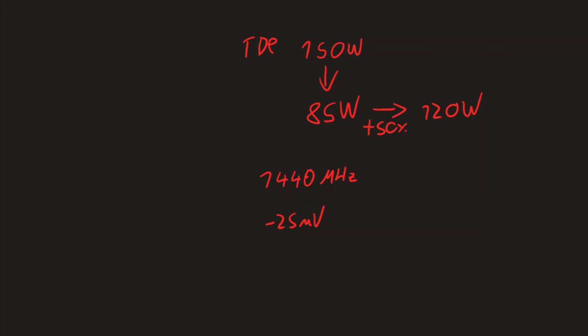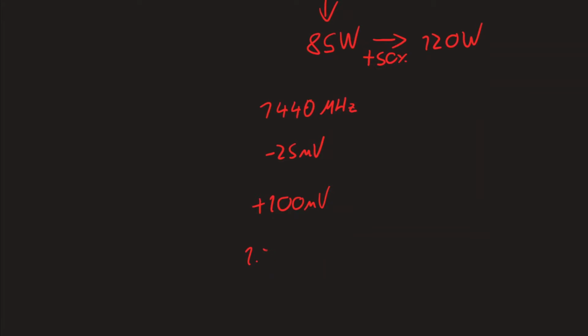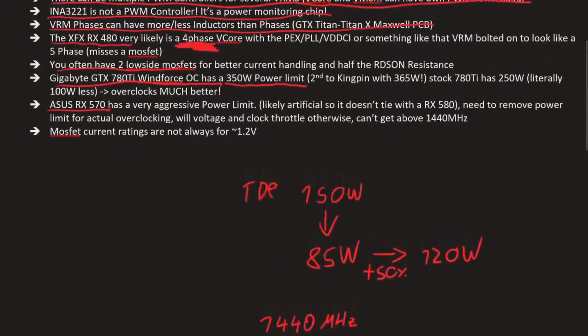If I give it a plus 100 millivolt, I think it is, so you get 1.25 volts, it will throttle below 900 megahertz. So it is a very slow, very hot running card.